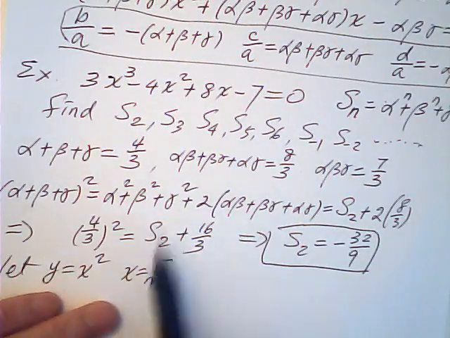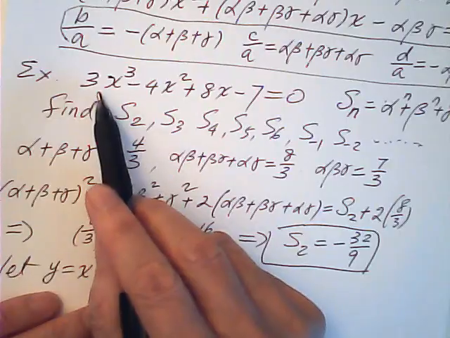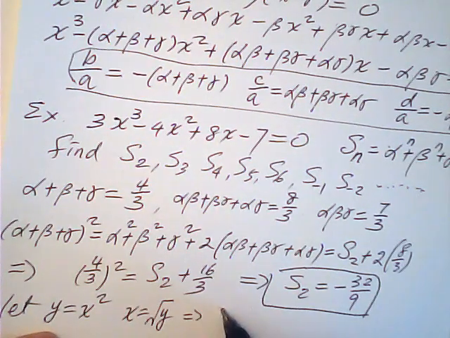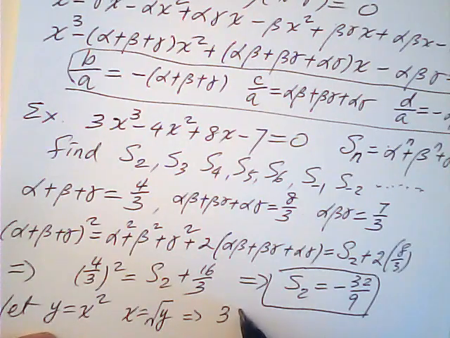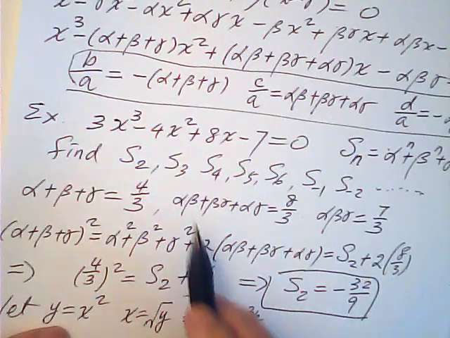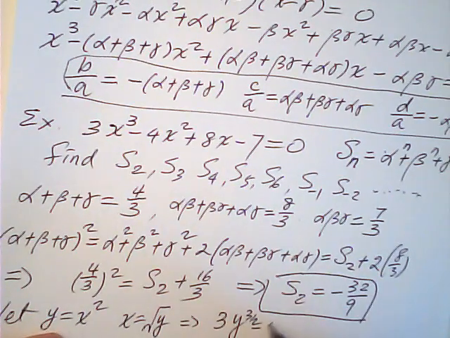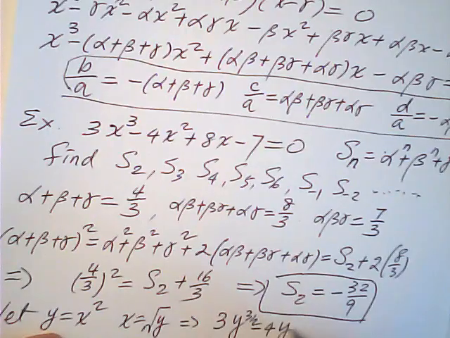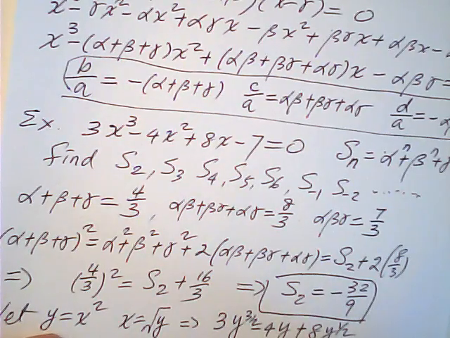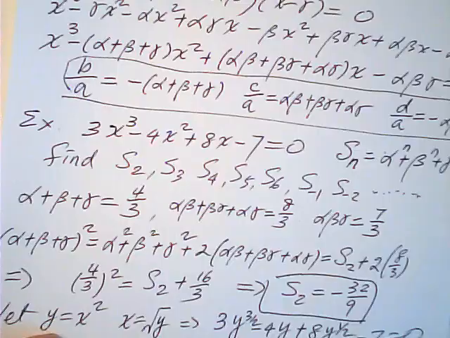Then we substitute this into the given equation. So this means 3y to the 3 halves minus 4y plus 8 square root y minus 7 equal to 0.